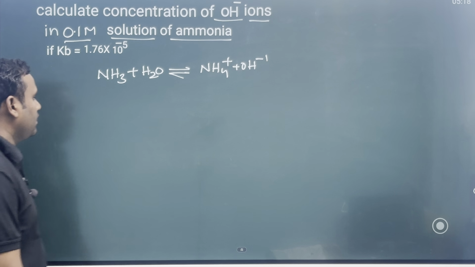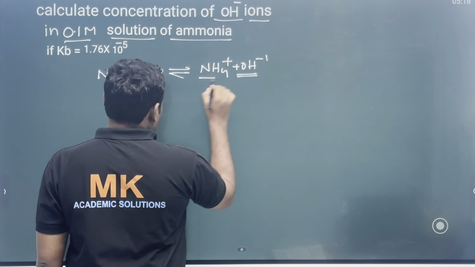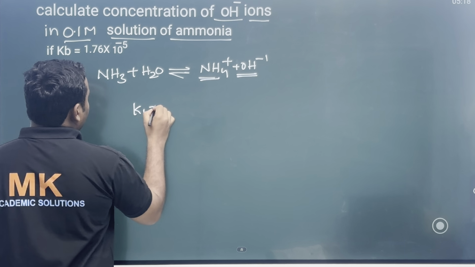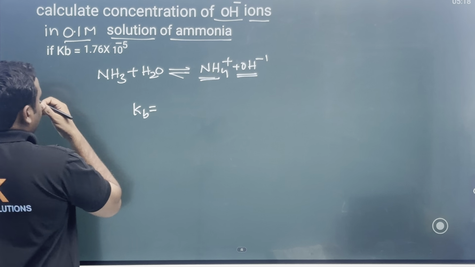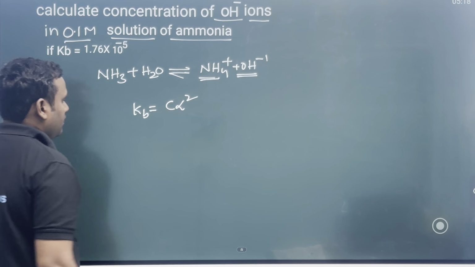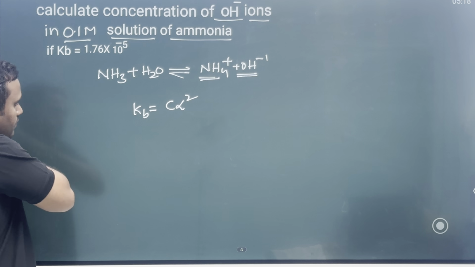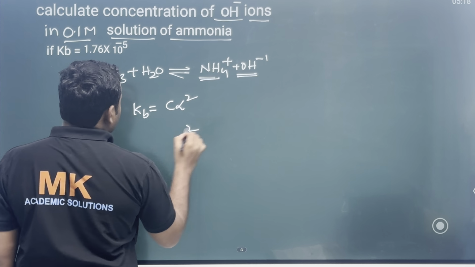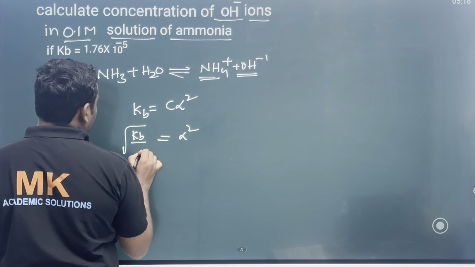This is also a binary electrolyte, so for this Kb is equal to C alpha square. Therefore alpha square is equal to Kb by C.